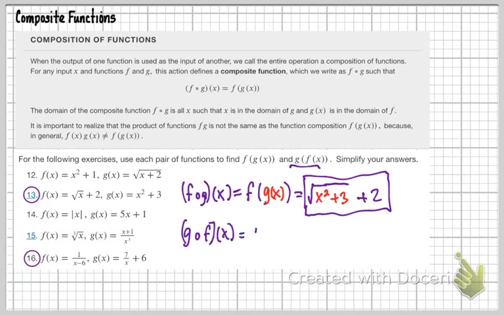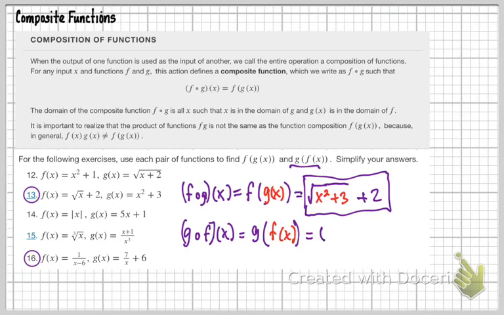So now keep in mind, my g is going to be the function that I'm going to plug something into. And then my f is going to be what I'm plugging in for x in g. So right away I run across an x.